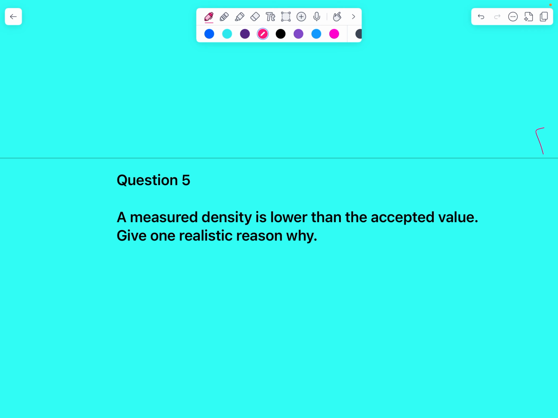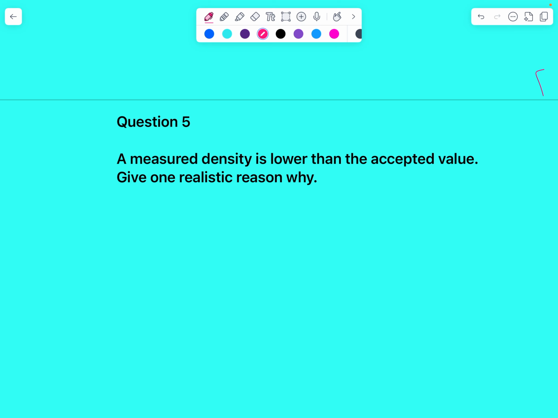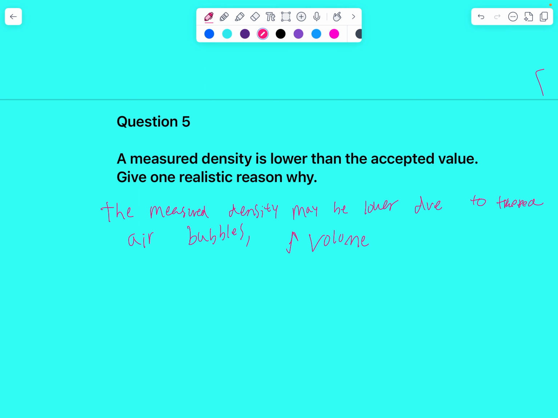Well, you could think of it and say the measured density may be lower, and this is always a great explanation for the discrepancy, due to trapped air bubbles, because that would increase volume in the instrument without increasing mass.